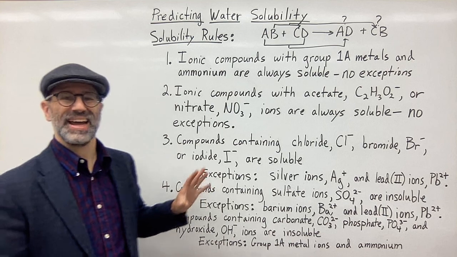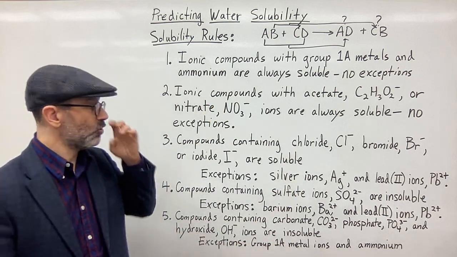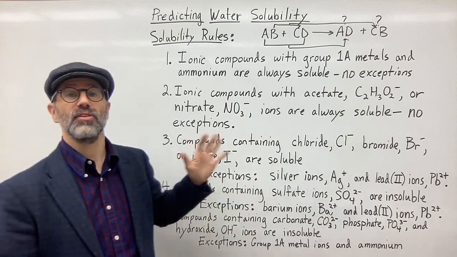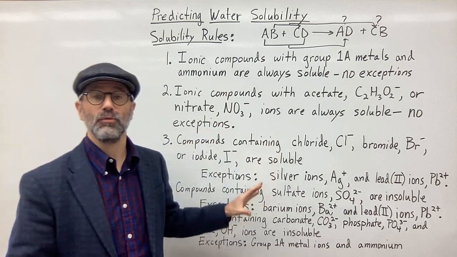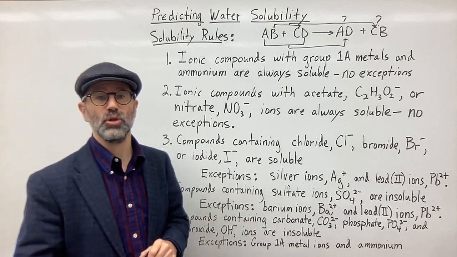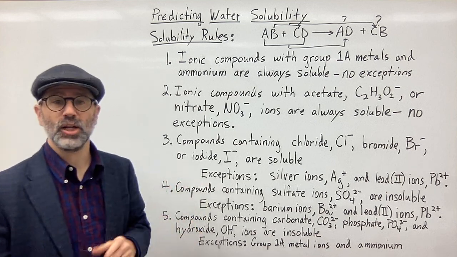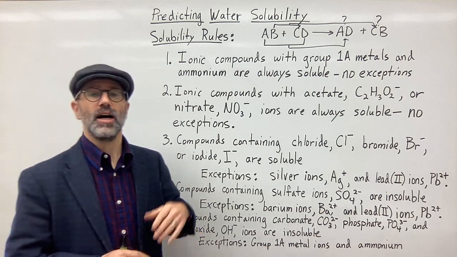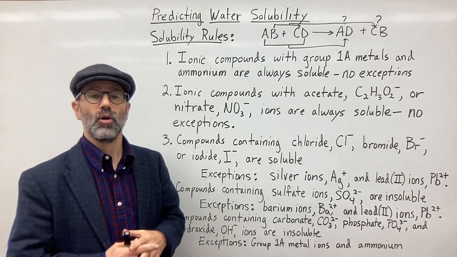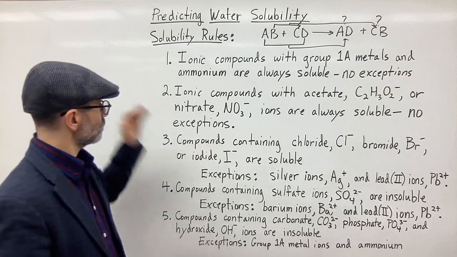This is not an exhaustive list of rules, so there could be other things you can add to this, but I think this is a good list of rules to follow for a majority of the substances you would be looking at. If you want something more exhaustive or detailed, you can definitely find more solubility charts or tables or rules on the internet. So here we go.